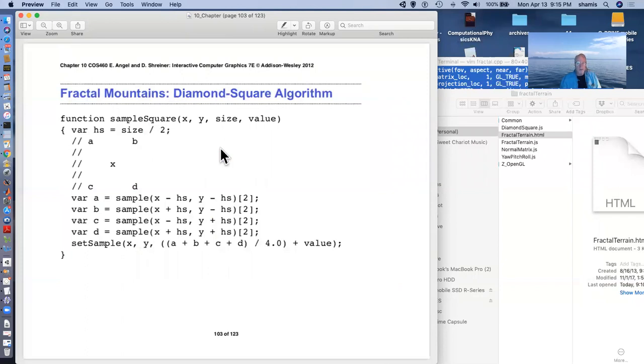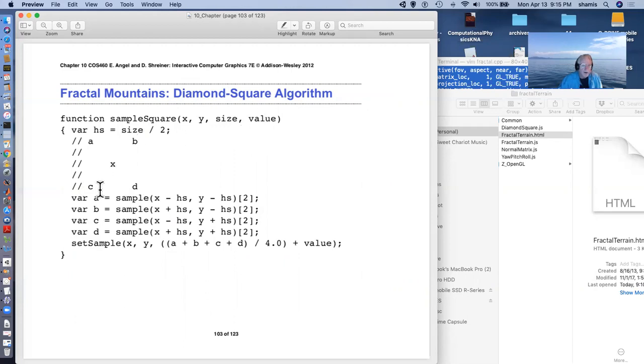So we need a couple of little routines here. If we're going to sample a square, we have the X and Y location of the point that we're generating, the size, which is how far it is from A to B, and the value that we're going to put there. This is going to be a randomly generated point.